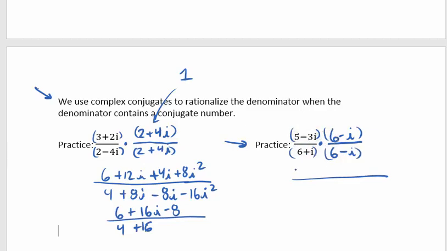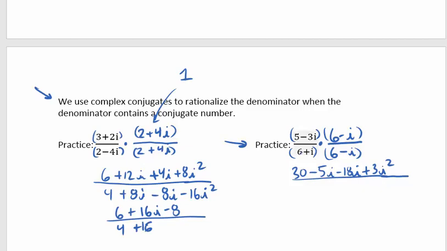That's going to be 30 minus 5i. And then negative 3i times positive 6 will give me negative 18i. And then negative 3i times negative i would give me positive 3i squared.